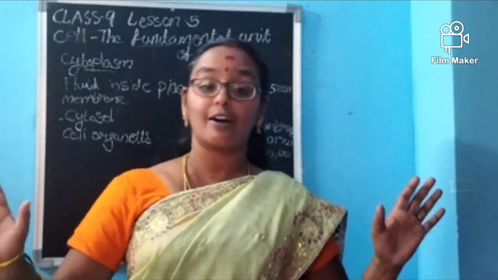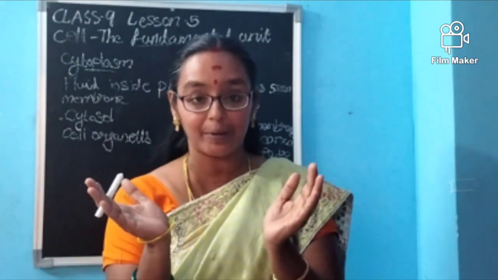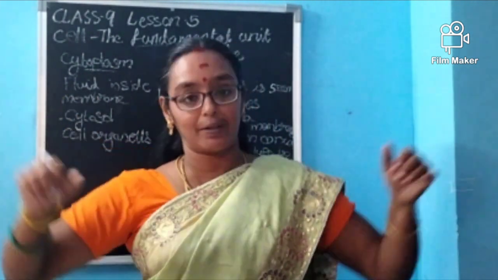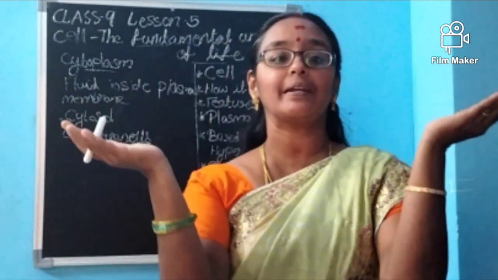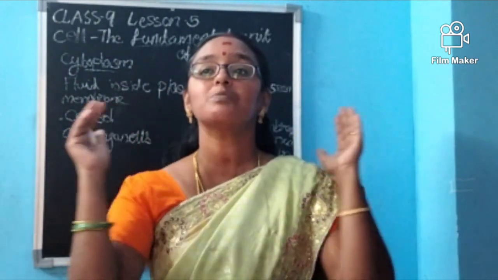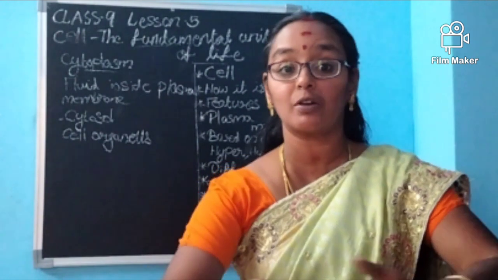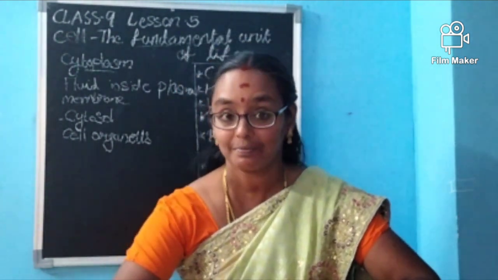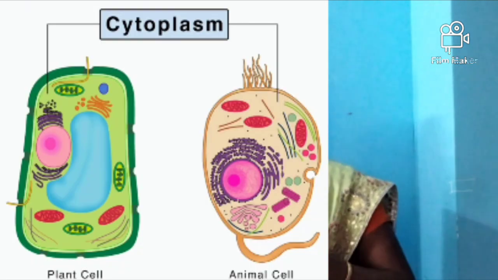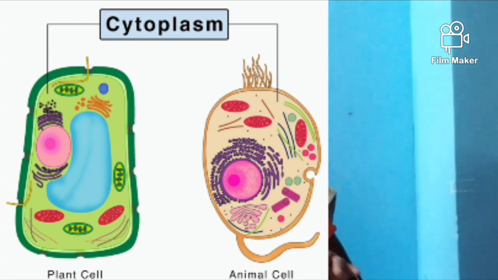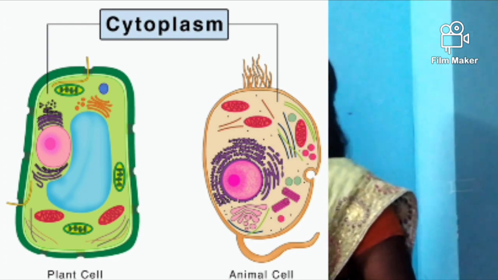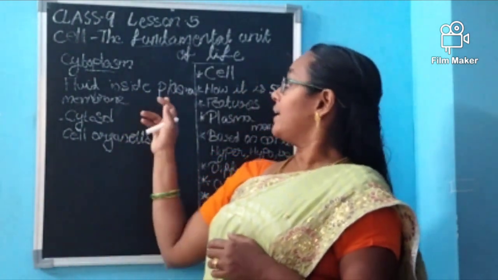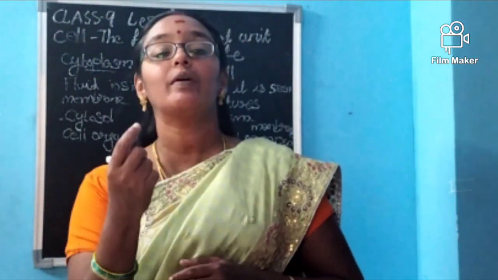Cell organelles are floating inside this cytoplasm. The plasma membrane is a guard covering this cytoplasm which is inside it. It is an aqueous solution in which cell organelles are floating.